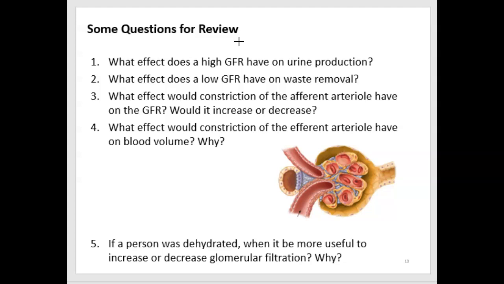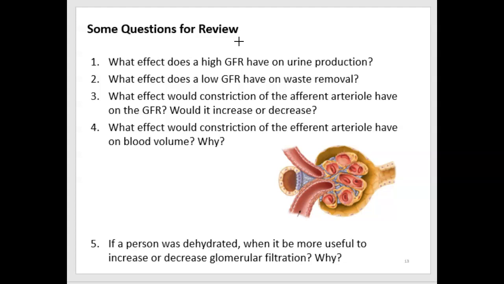And what effect does low GFR have on waste removal? Well, the lower the glomerular filtration rate generally impedes waste removal. And that's not just because you produce less urine, but because you have more time for reabsorption of waste products.